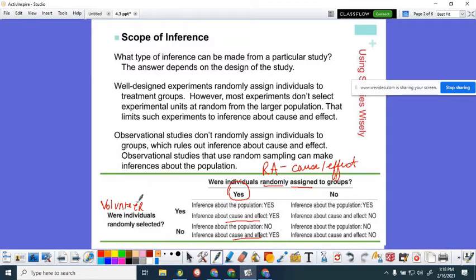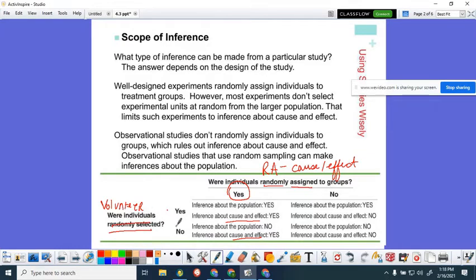All right, now over here is how were the people chosen to be a part of this study? If they volunteered for the study, they weren't randomly selected. They may have volunteered and then been randomly allocated to their treatment groups, which is usually what happens. But if the answer is that they volunteered, that means they were not randomly selected.